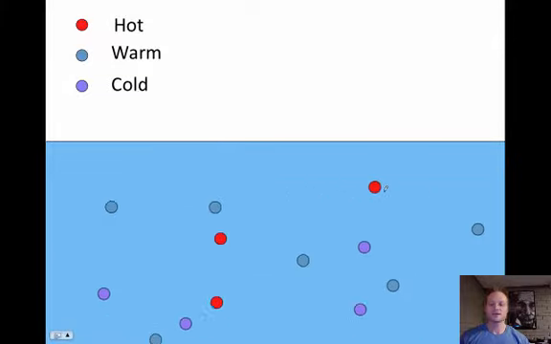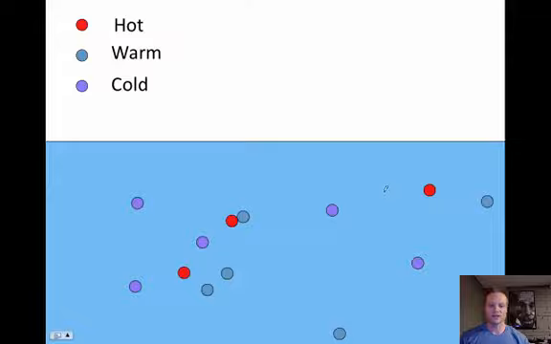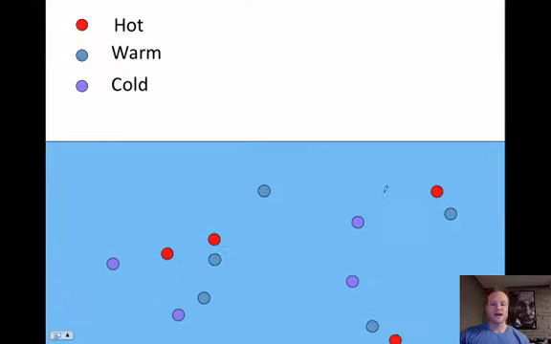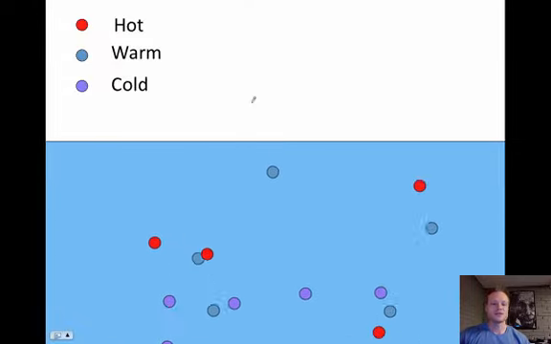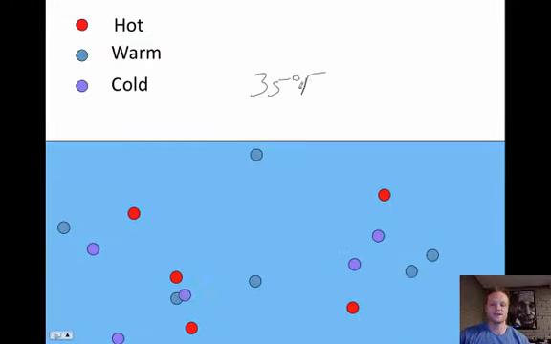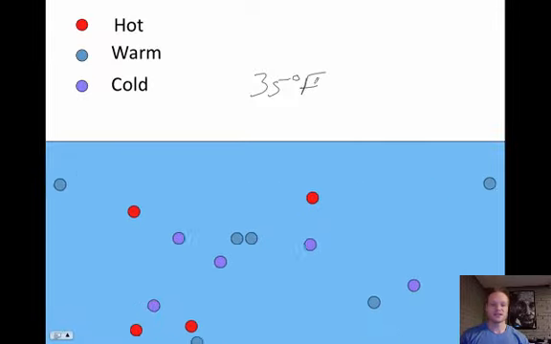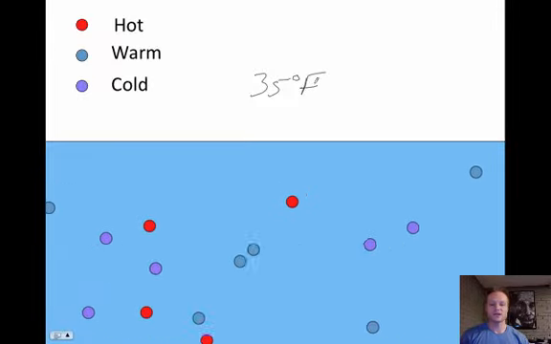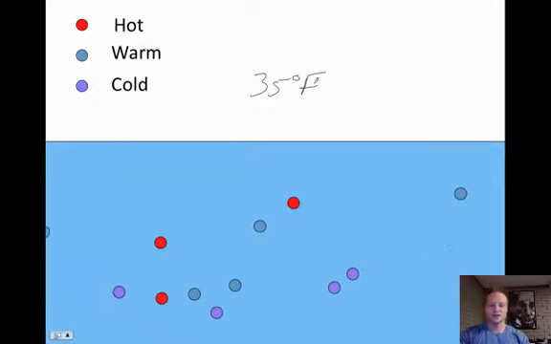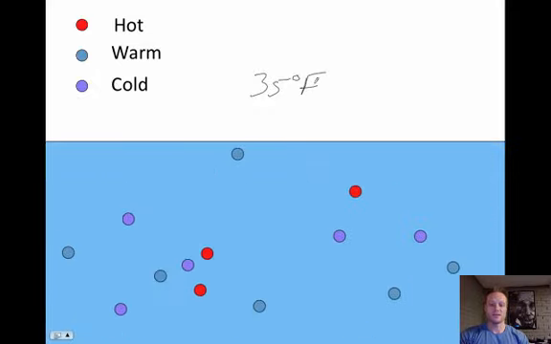The bluish ones are going at an average speed, and the purple ones are moving relatively slow. But if we take the average movement of all these molecules, we could maybe say that the temperature of this is, well, I don't know, 35 degrees Fahrenheit. And again, I'm just making this up. But that's what temperature is, and that's how it's different from thermal energy. Thermal energy would look at the total energy of the system and give you a numerical value.